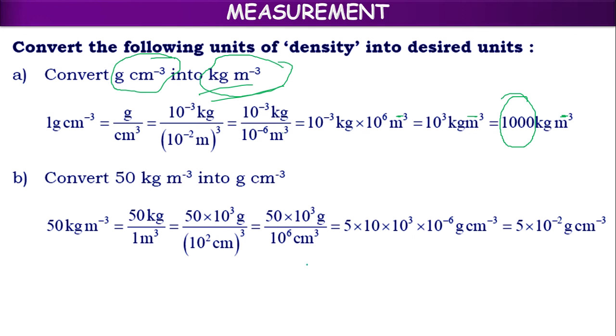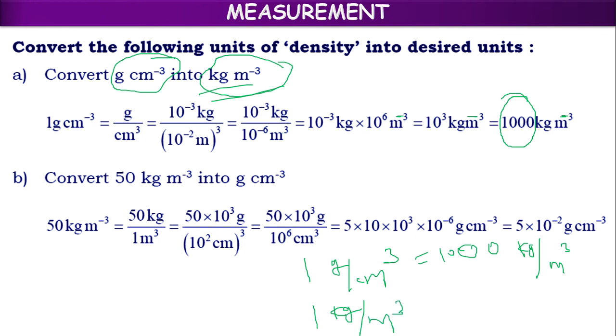In reverse way also we can write, because 1 gram per centimeter cube equal to 1000 kg per meter cube. Indirectly we can write 1 kg per meter cube equal to, this 1000 will come downside, 1 by 1000 gram per centimeter cube.